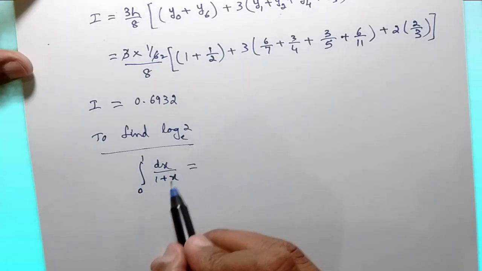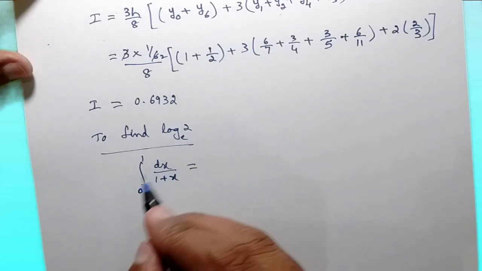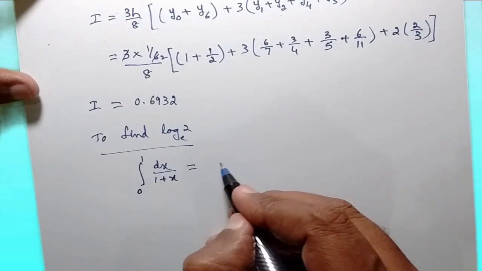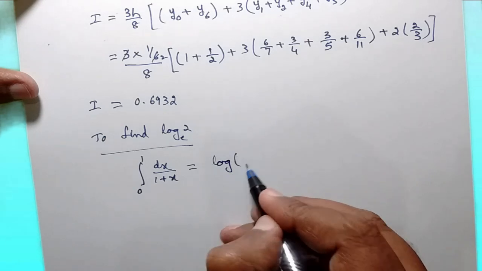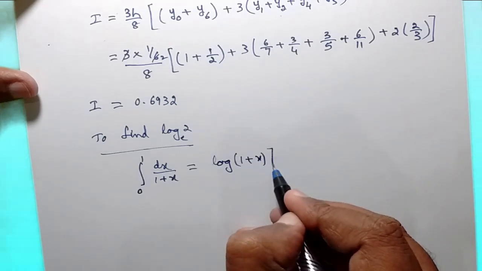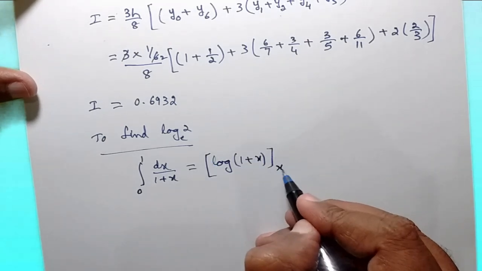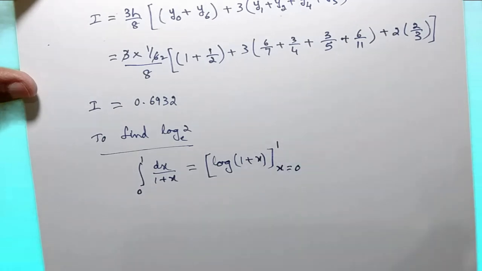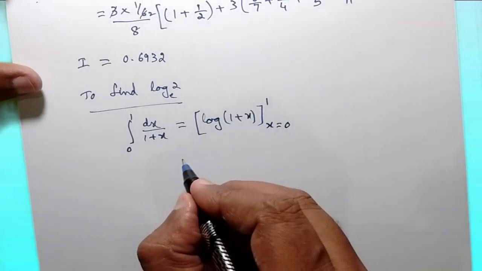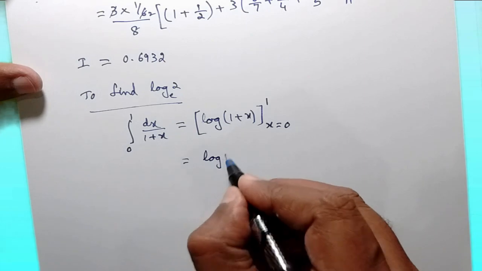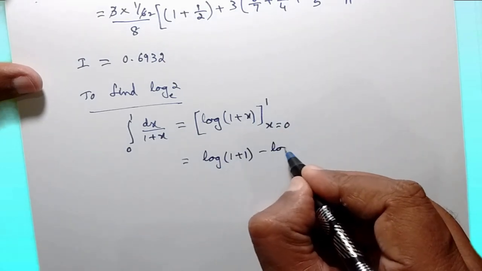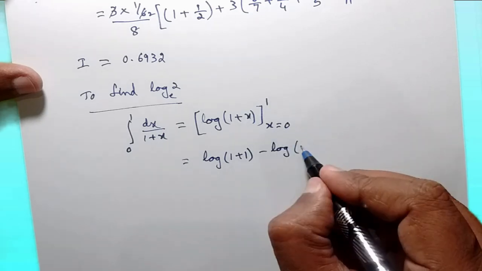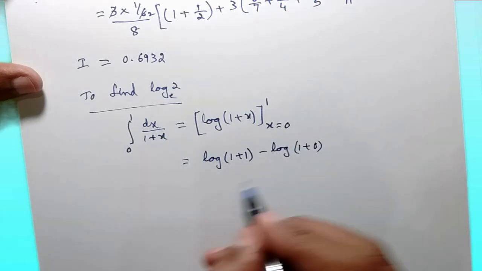So integral 0 to 1 dx by 1 plus x, it is normal integration. If you try to use normal integration, it is in the form of dx by x form. Dx by x is log x form, so log of 1 plus x we will be getting. And limit values will be how much? Limit values will be from 0 to 1. So apply the upper and lower limit values, we will be getting log of, x value is 1, so 1 plus 1, minus log of lower limit value for x will be 0, so 1 plus 0.